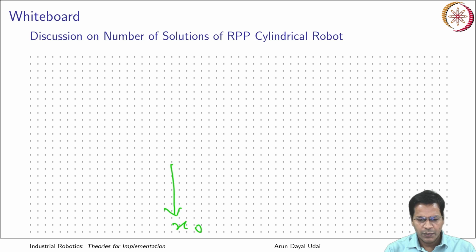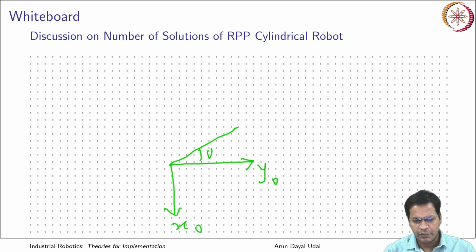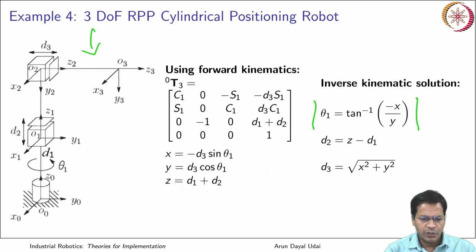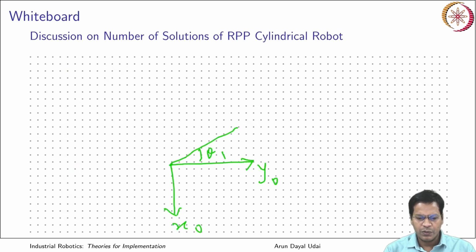This is your y0, and your link is somewhere over here. If it is positive theta 1, it goes like this, and this is your distance d3 that makes an angle theta 1 from the vertical. So this is your d3. Got it? So you are here with coordinates x and y.